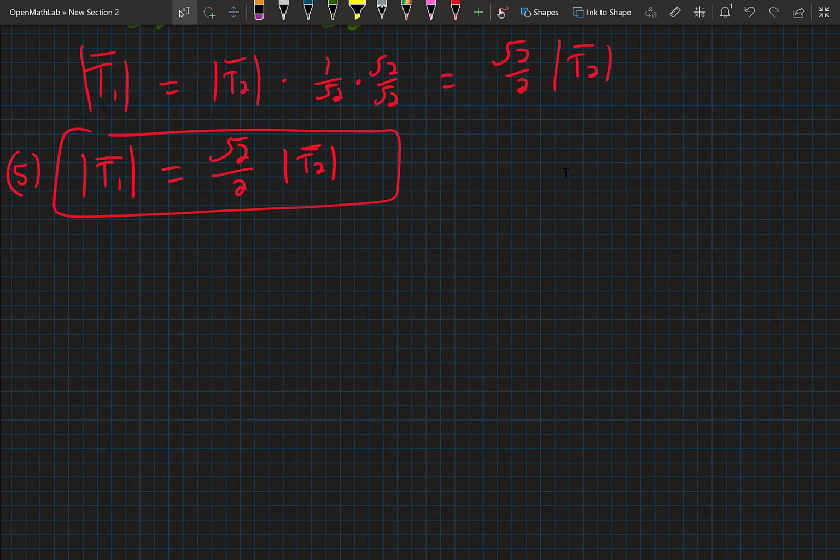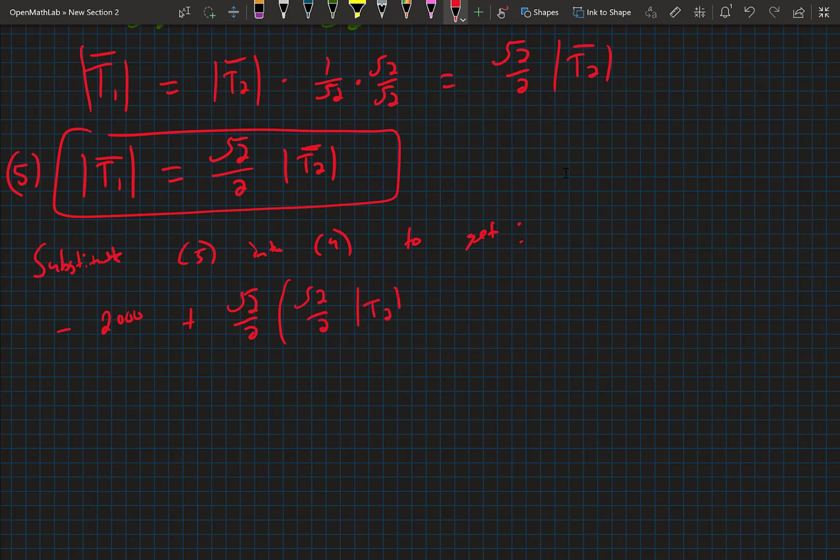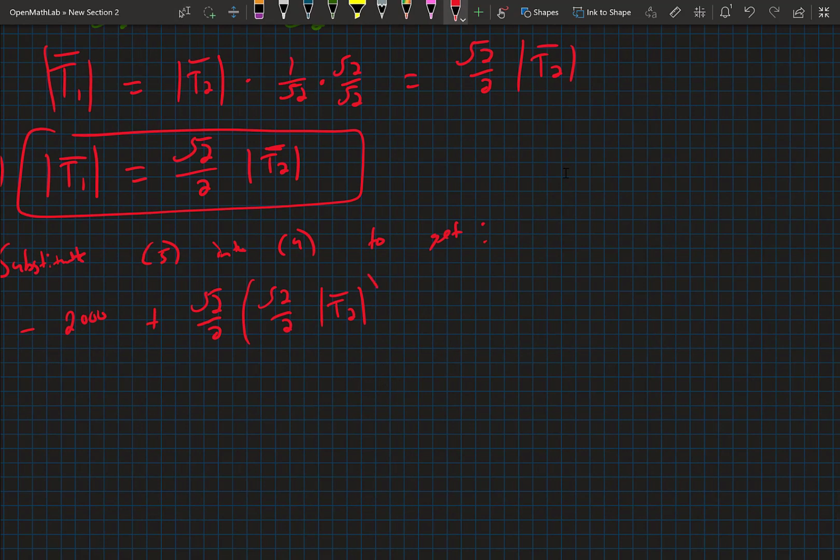So now what I can do is substitute equation 5 into equation 4 to get the following. Right, so we're solving a system of equations using the substitution method. Right, so this would be negative 2,000 plus radical 2 over 2 times radical 2 over 2 times the magnitude of T2 plus radical 3 over 2 times the magnitude of T2.